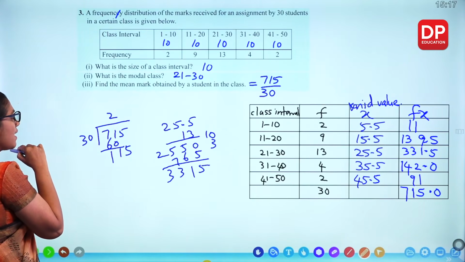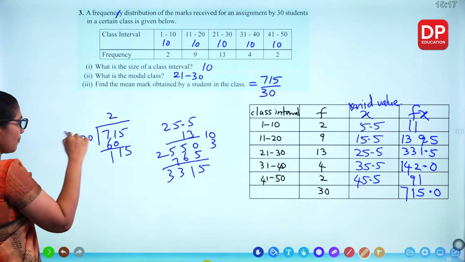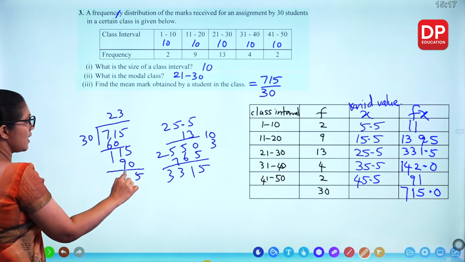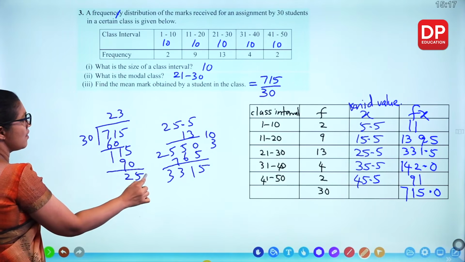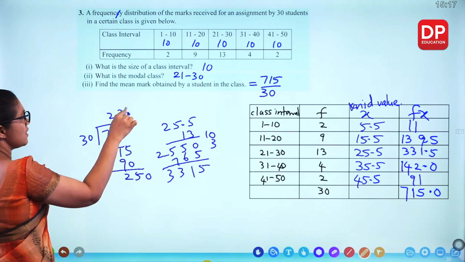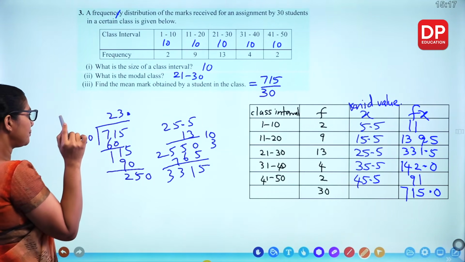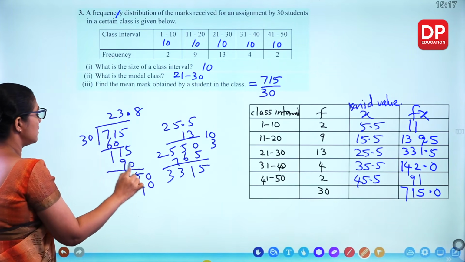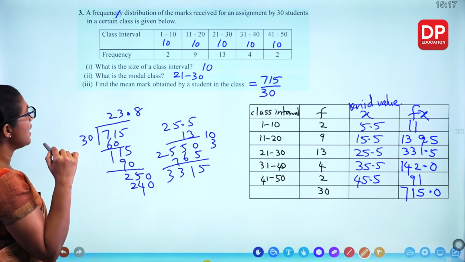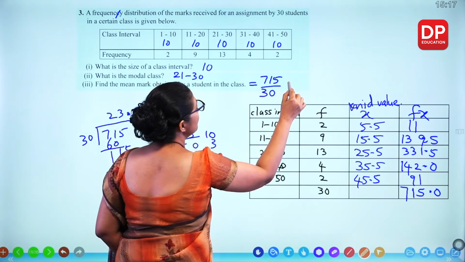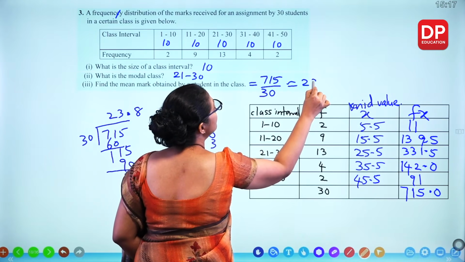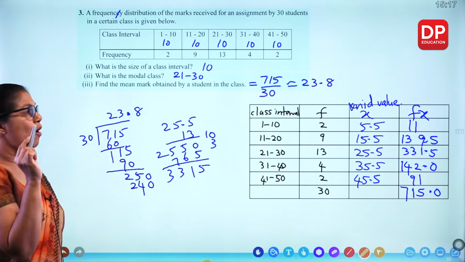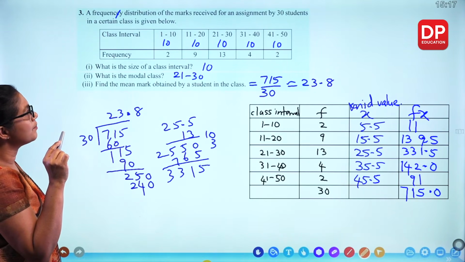That's roughly 23.8, the mean mark obtained by a student.